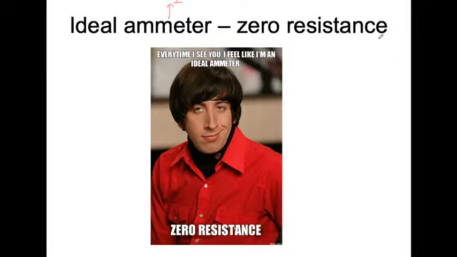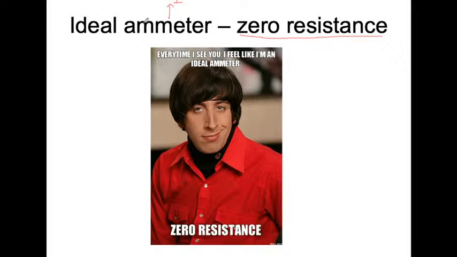So by having a zero resistance ammeter, we're not going to be slowing them down at all, and we'll be measuring as close to original current flow as possible. We won't be disrupting the current with an additional resistance from the ammeter that we need to throw into the circuit by necessity.